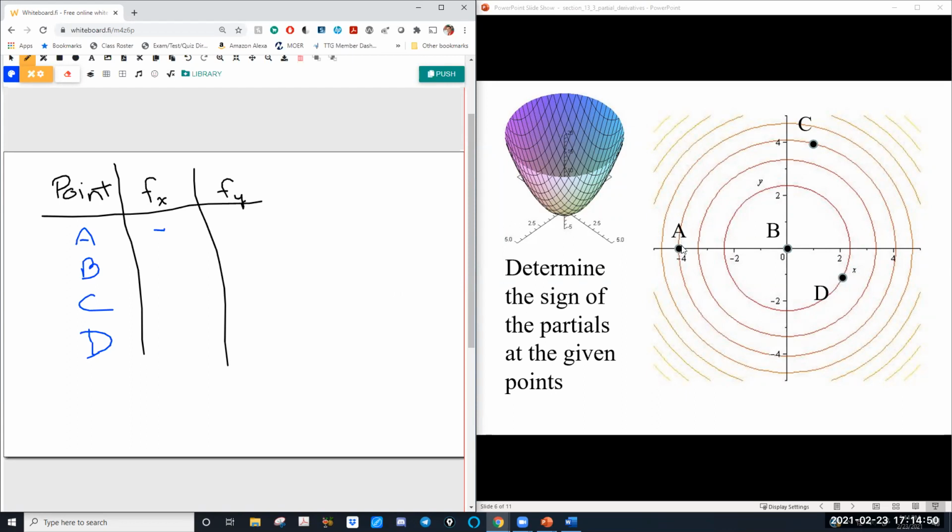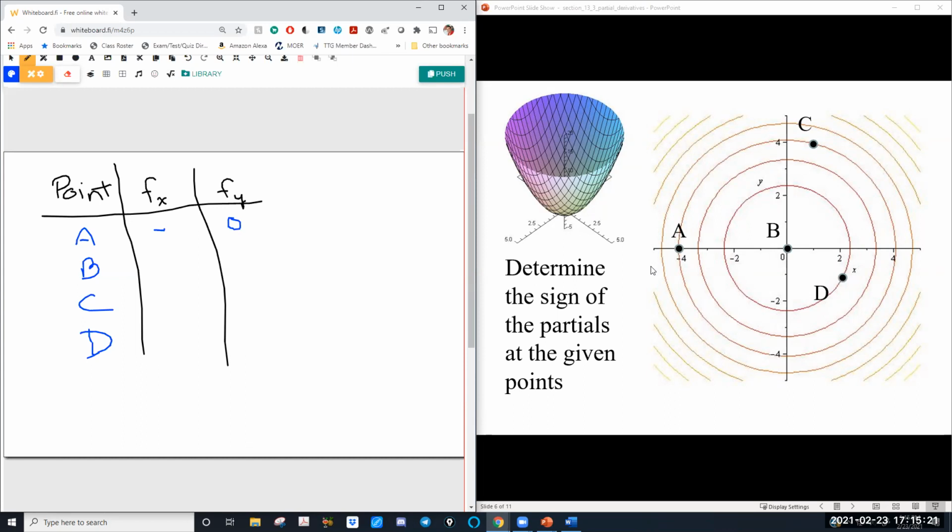Remember what we said last time: if we move in a direction that is tangent to a level curve, then we expect to have no rate of change. Because it's an instantaneous rate of change, we would expect f sub y to approximately be 0 because we'd be moving in a direction tangent to the level curve if we're moving in the positive y direction at point A.